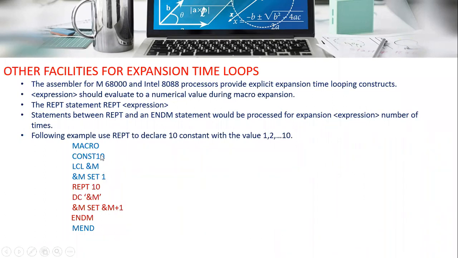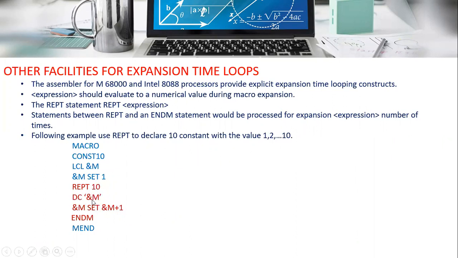That is, the first time we consider the value of m as set by 1, that is 1. Then the next time we set the value m plus 1, that is 2. Then AIF m. Up to the value of 10, or repeat can reach 10 number of times, that is the value of m reaches 10, we continue and execute these two statements 10 times.